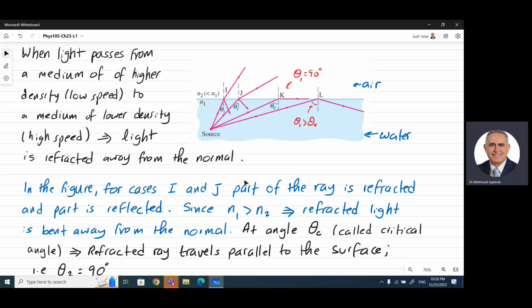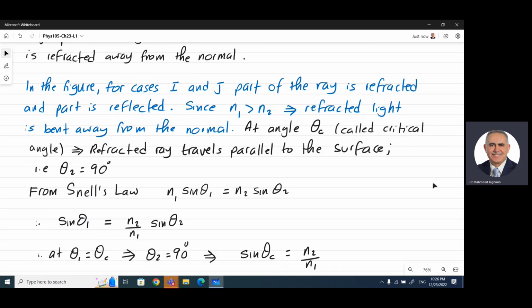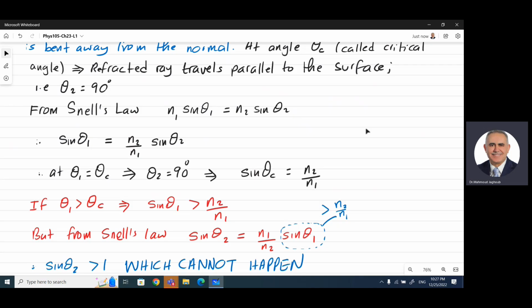Okay? So what I have just been talking about, I explained it here. Theta C, we call it the critical angle. At that angle, the refracted angle will be 90 degrees. But from Snell's law, n1 sine theta 1 equals n2 sine theta 2. So sine theta 1, the angle of incidence, equals n2 divided by n1 times sine theta 2.